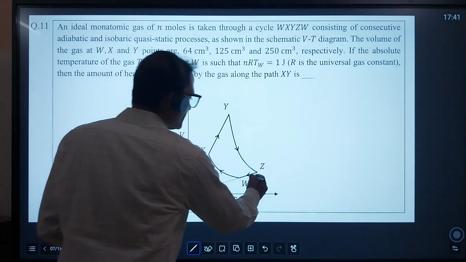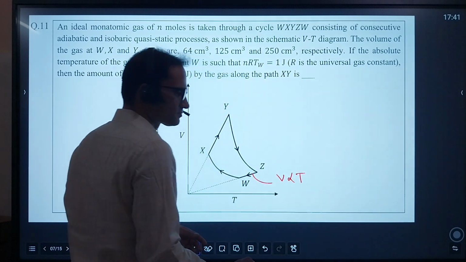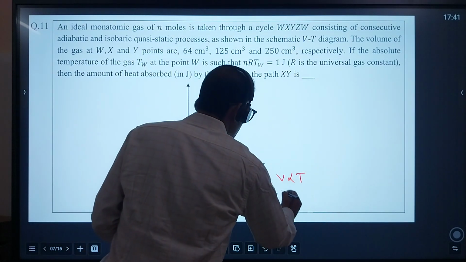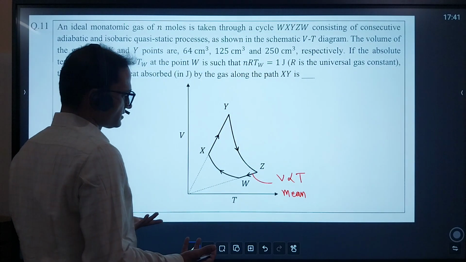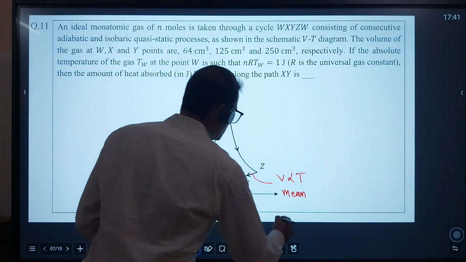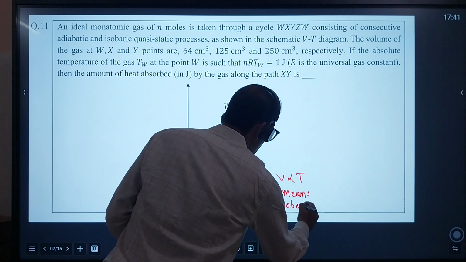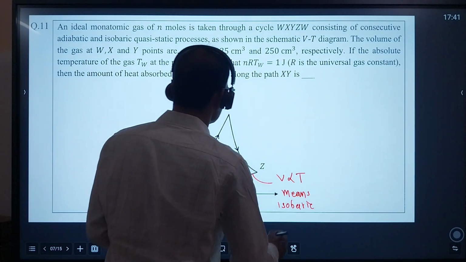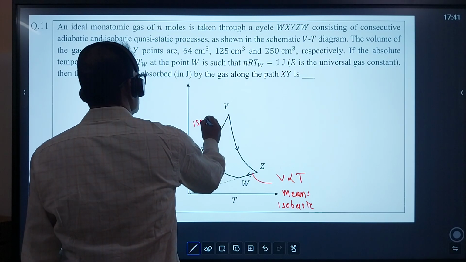Here you can see that V proportional to T means isobaric, right? So this process is also isobaric.